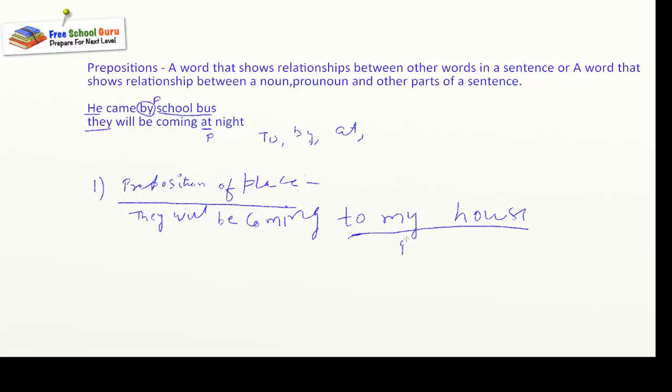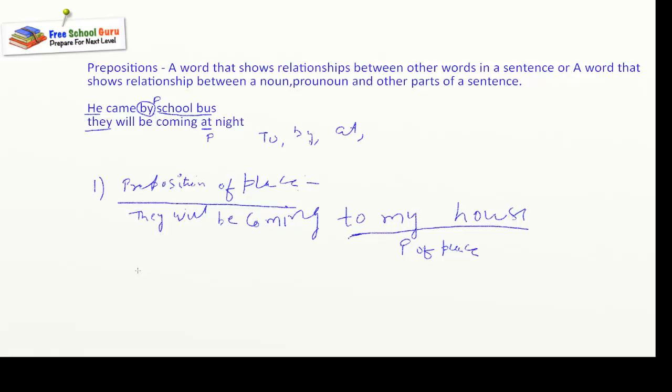This becomes a preposition of place. Is that clear? So I will be going to London. So to is a preposition, and to London, that part of the sentence, becomes a preposition of place. Is that clear?